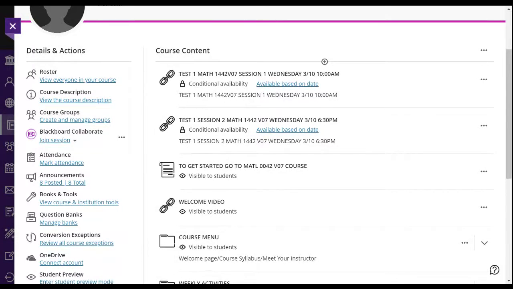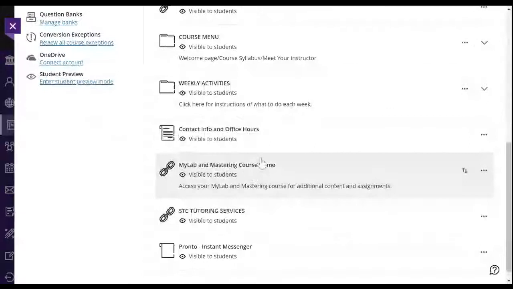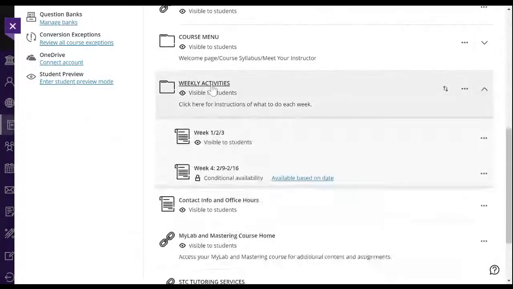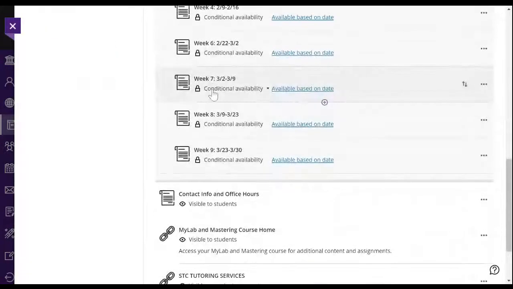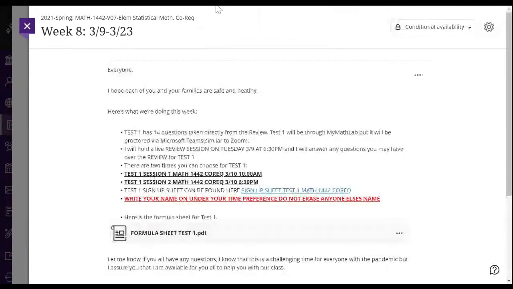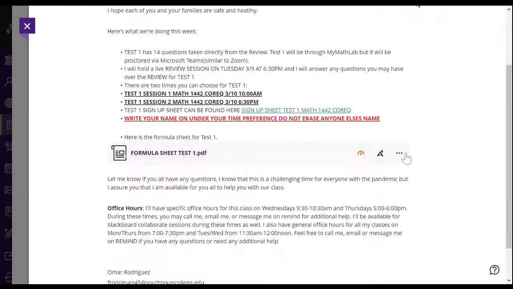I think you guys can see this now. If you scroll to weekly activities, scroll down and click on week 8, and then click on download original file, you can find the formula sheet right there.